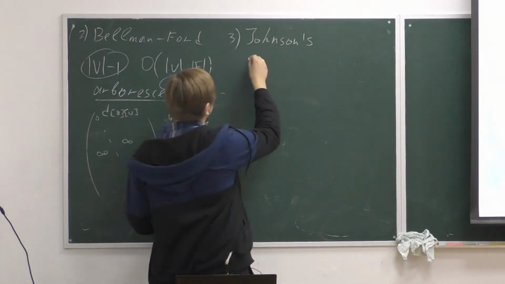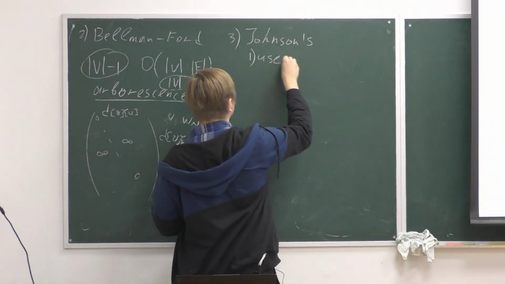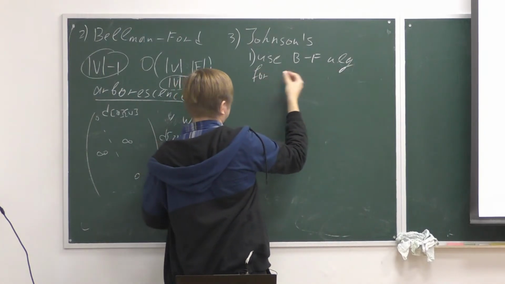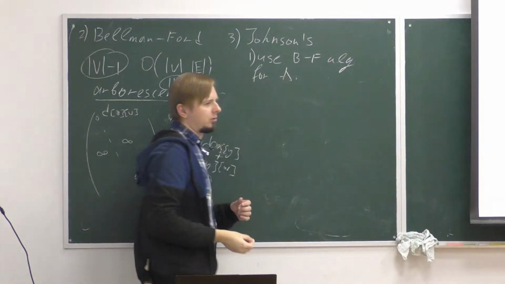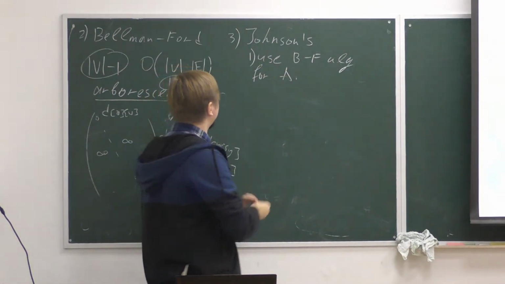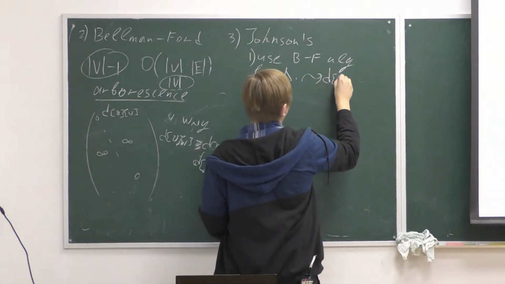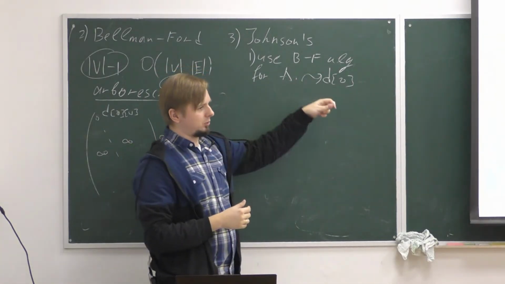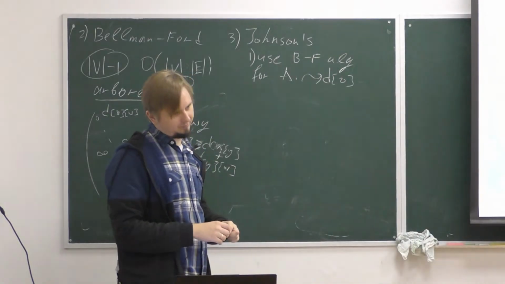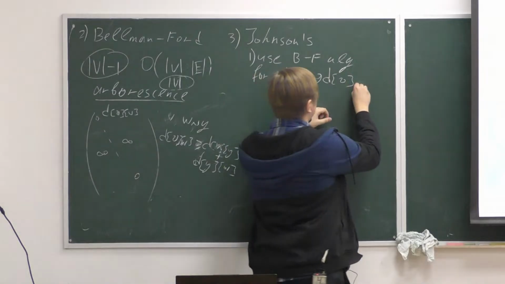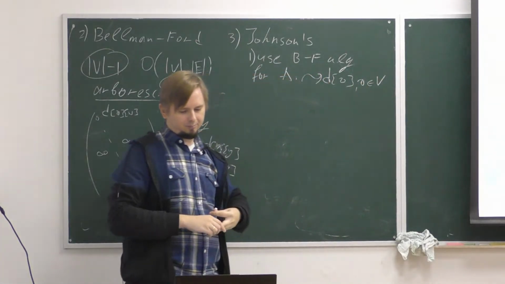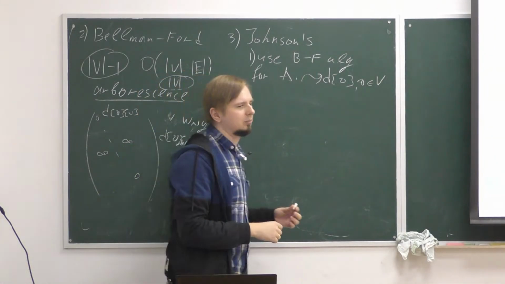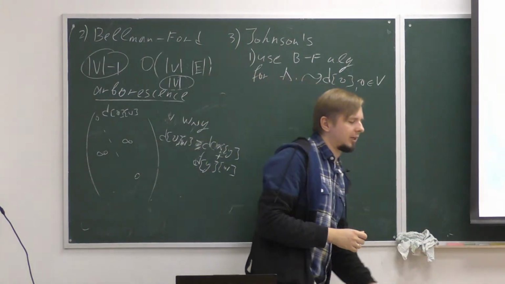The first step of this algorithm is to use the Bellman-Ford algorithm from some vertex, for example from A. In this case, we find d(V), the distances from our vertex A to any other vertex V. Then we check whether this graph has a negative cycle or not.